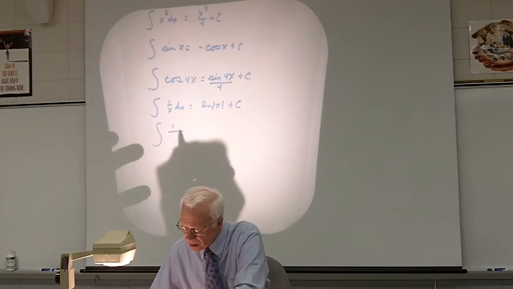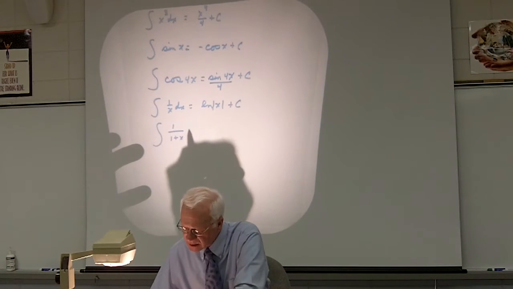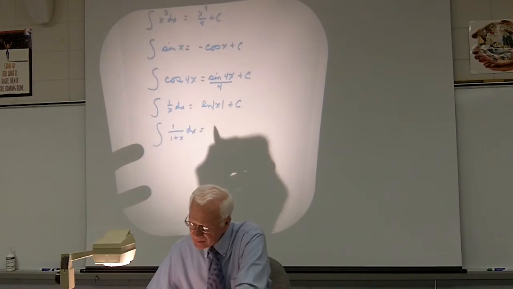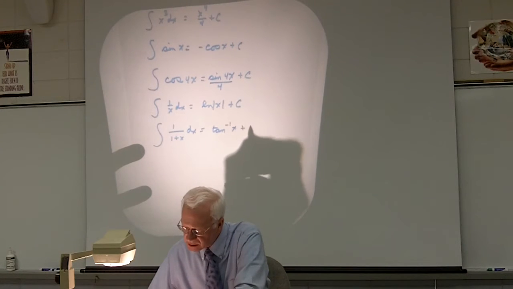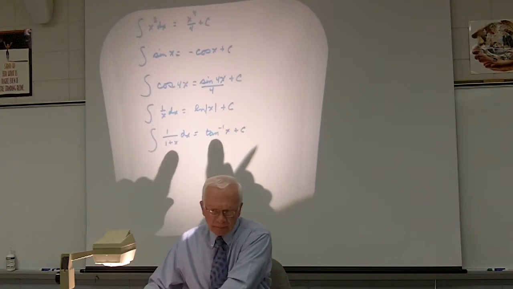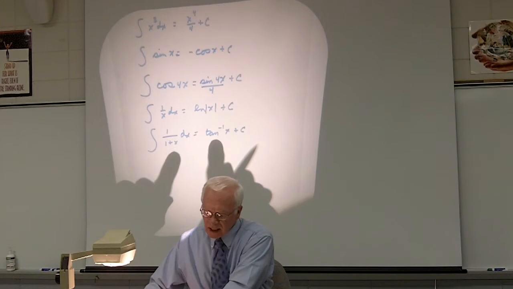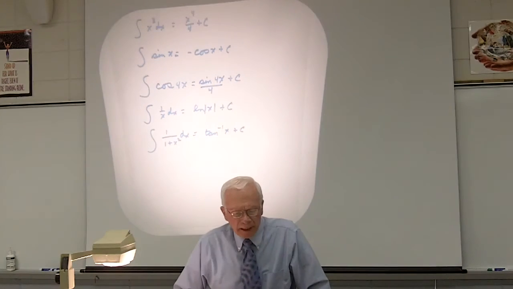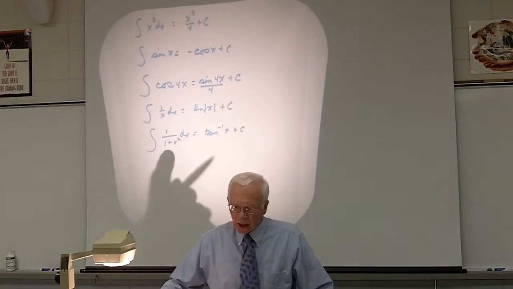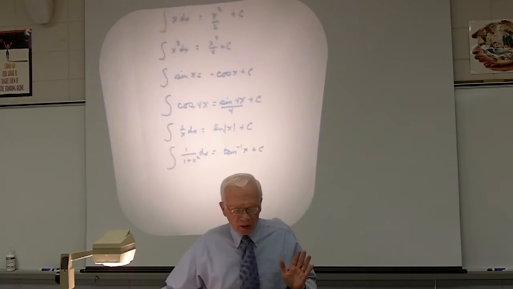If it's like this, 1 over 1 plus x squared dx, that happens to be the tangent inverse of x. Okay? Now, just that part of review.